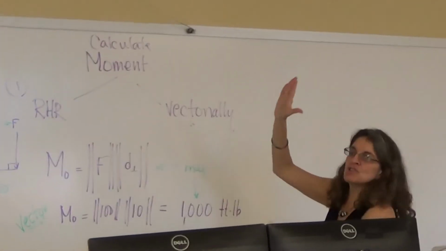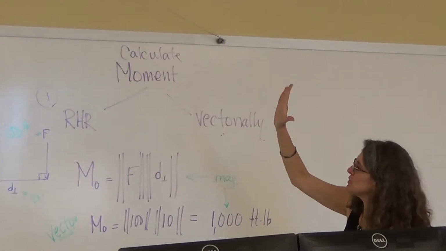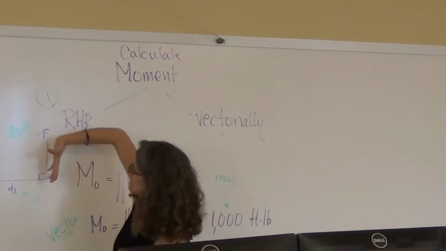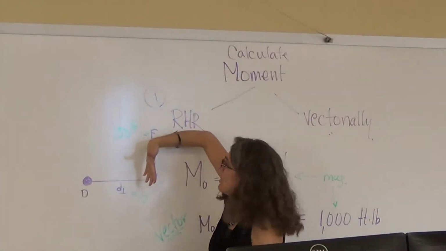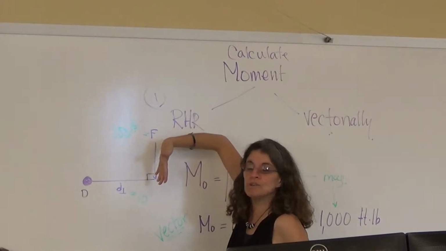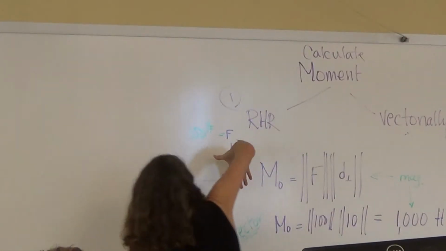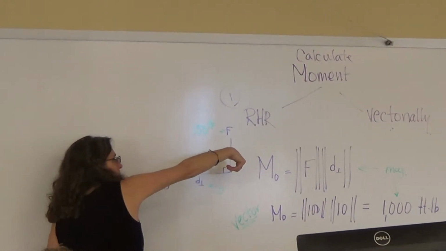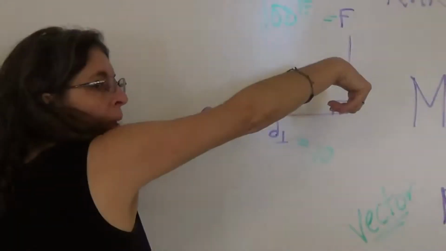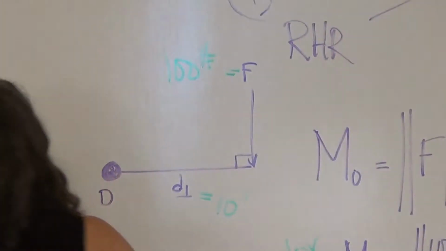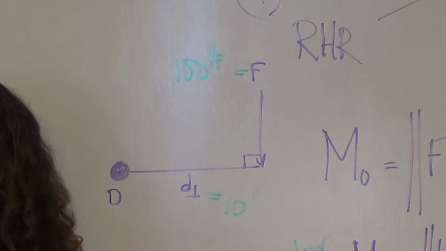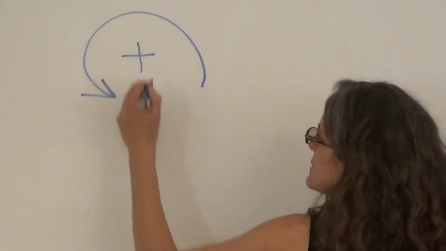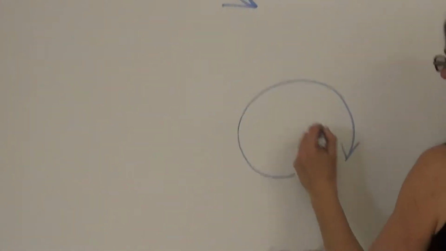The fingers go in the direction of the force. Palm goes towards the point you're finding the moment about. My thumb is pointing in, so is that positive or negative? Negative. So what is the sign convention? If it turns like this, it's positive. If it turns like this, negative, right?